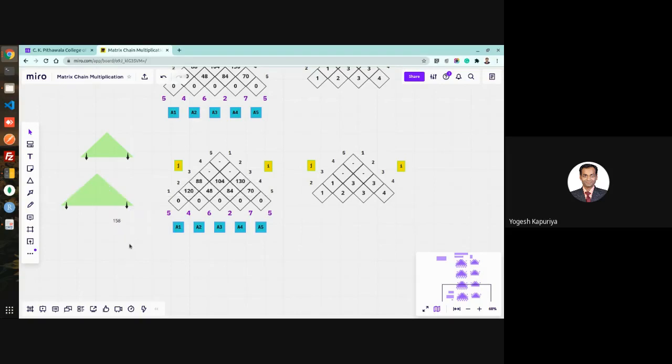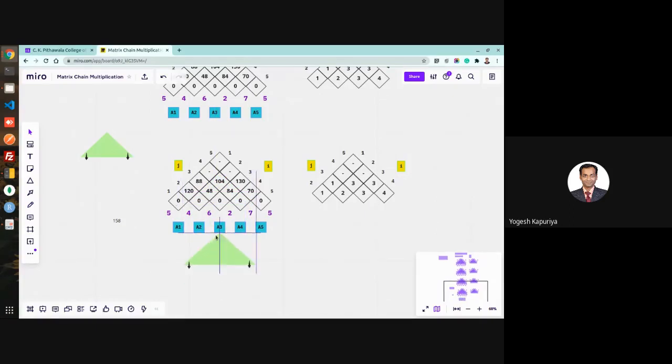Second option, you have done with this, right? So that means you have put the parenthesis at the first place, after A1. Let's do it in the order in which it is to be done. So you put the parenthesis here, that means after A1.